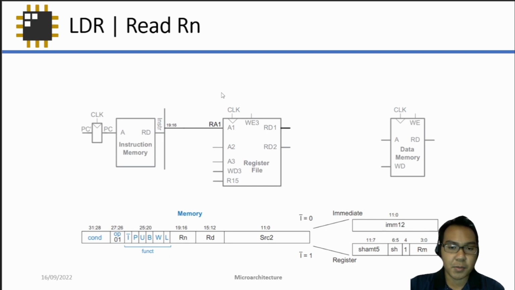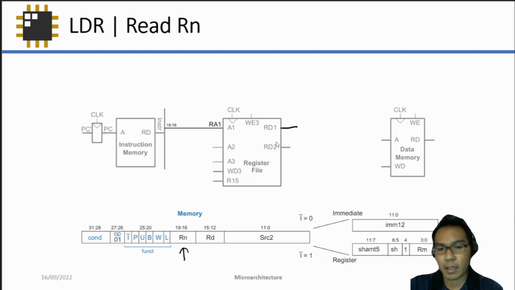Next, we're going to read Rn. Rn is right here. We place it into the input A1 of the register file, which makes it so that the data inside register A1 is read combinationally into RD1.